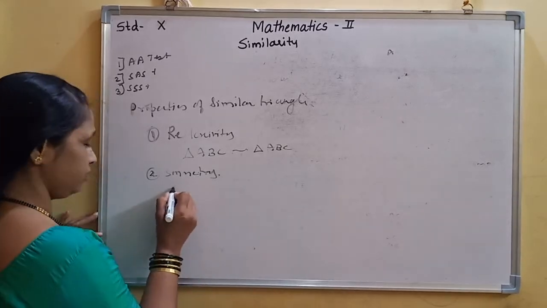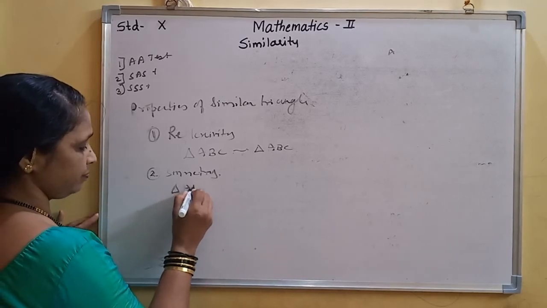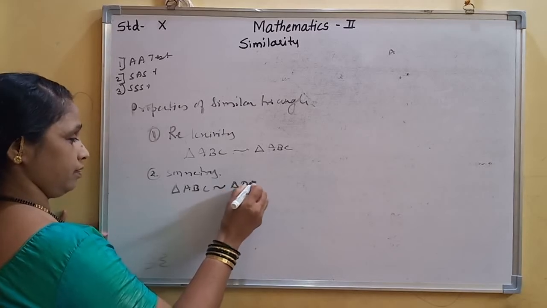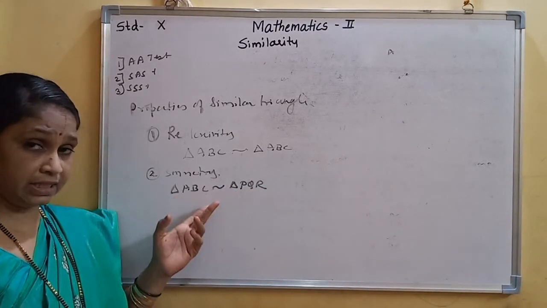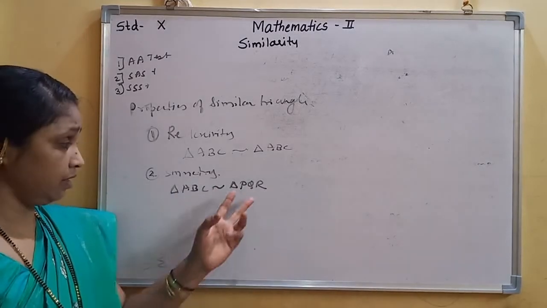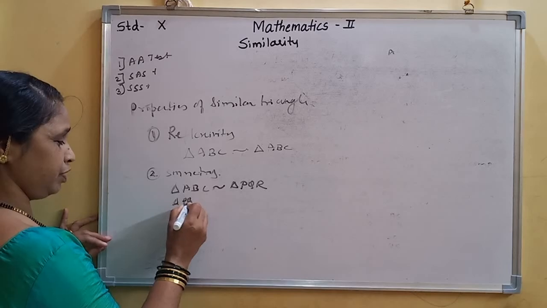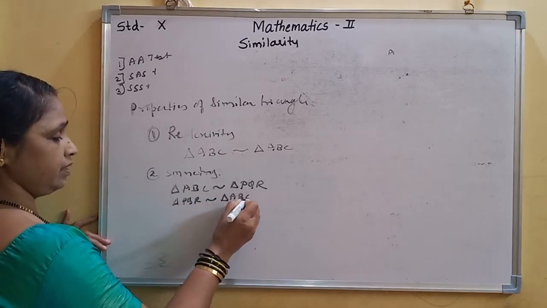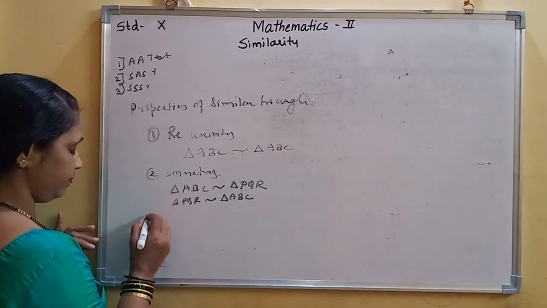Now triangle ABC is similar to triangle PQR. In symmetry, if triangle ABC is similar to triangle PQR, then triangle PQR is also similar to triangle ABC.